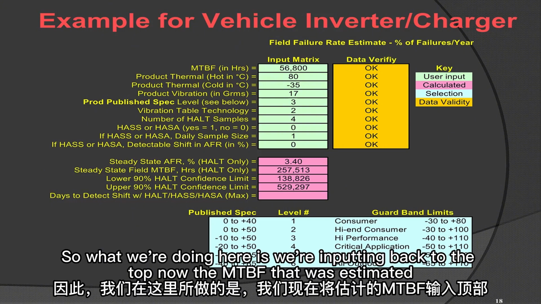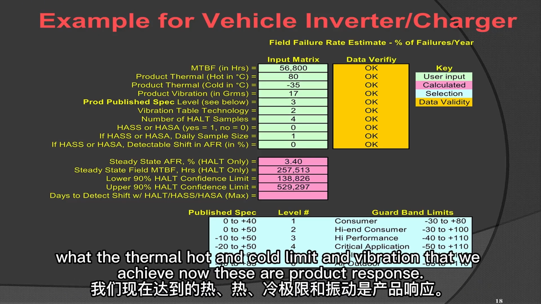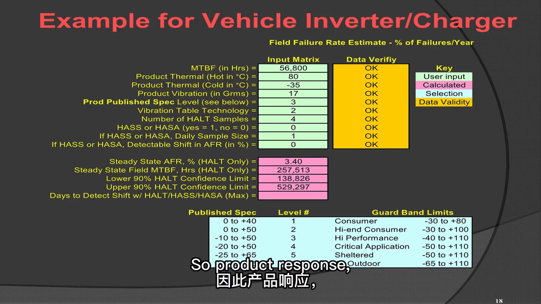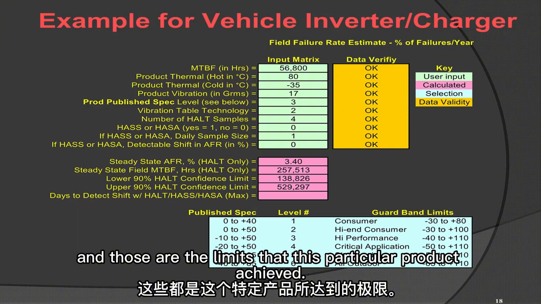So what we're doing here is we're inputting, back to the top now, the MTBF that was estimated, and the thermal hot and cold limit and vibration that we achieve. Now these are product response, okay, not chamber set point, so product response, and those are the limits that this particular product achieved.